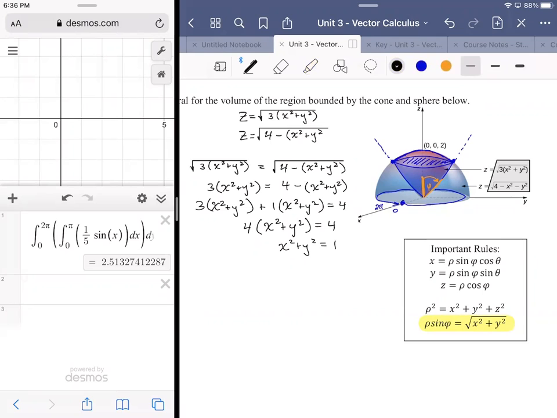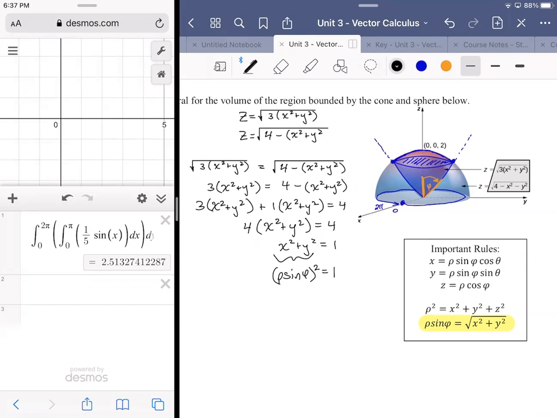If I make the substitution here, instead of x squared plus y squared, it's going to be rho sine phi, squared. So we can work off that, and that gives us a relation.